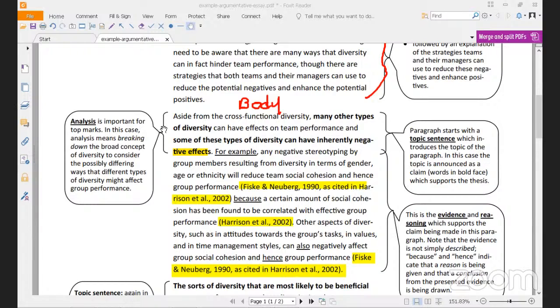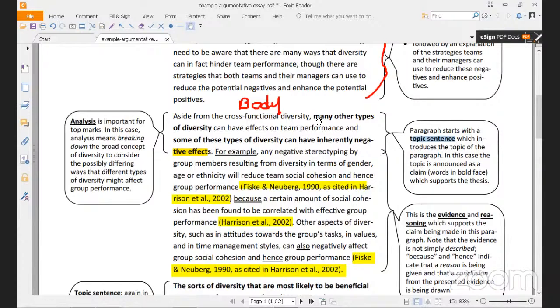I'm not going to read anything more, but this analysis is pretty much your topic sentence. Each paragraph starts with a topic sentence. And what is a topic sentence? It's an analysis. We're not talking about different things, we're talking about the same. It's a sentence that tells me an analysis.